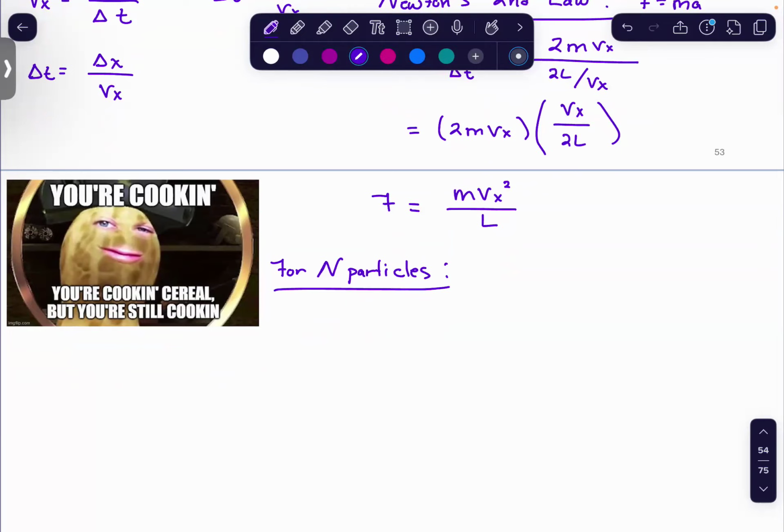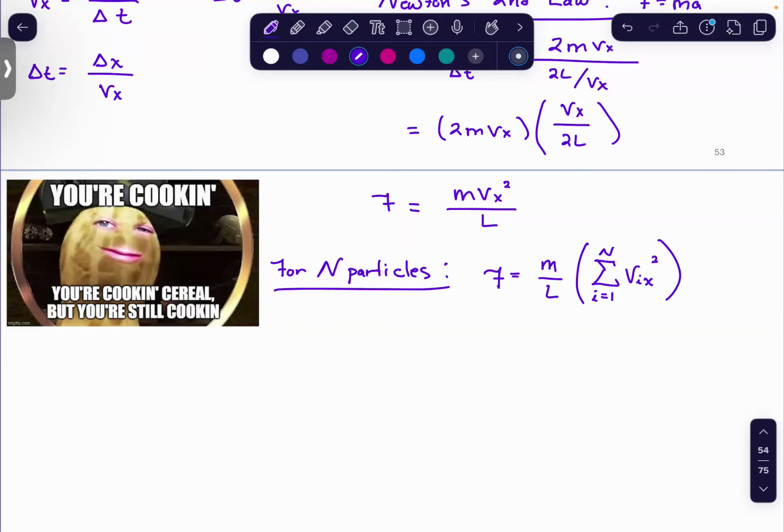So for n particles, our force, our constant m over L is going to pull out, and then we're going to have our sum of i equals particle 1 to particle n of Vix squared.